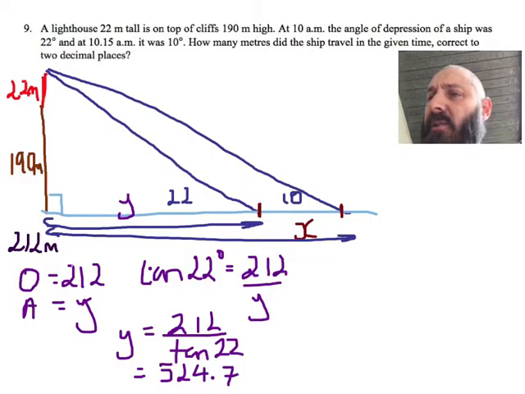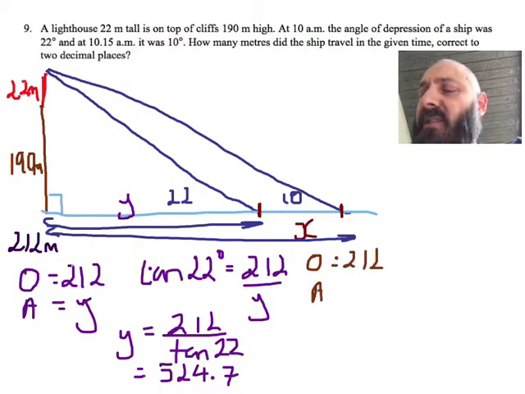So this might take a little bit to get your head around, but in the second one, my opposite is still 212. My adjacent is now x plus y. I'll call it z for now, or that whole big length. Alright, just call that z.